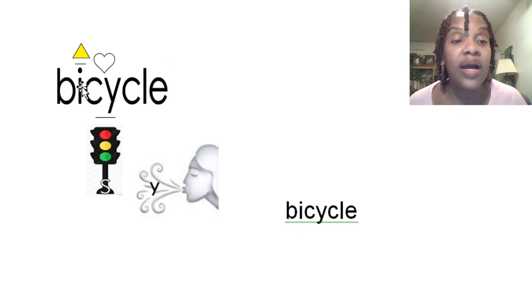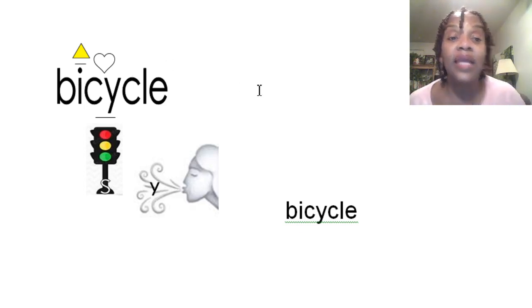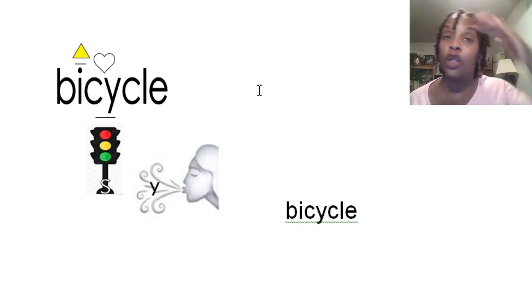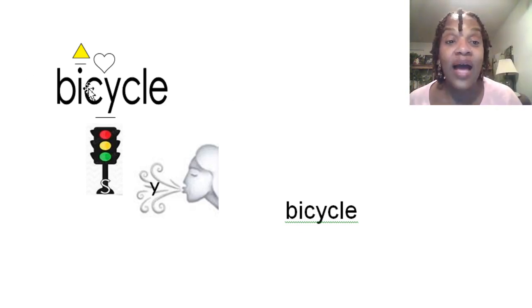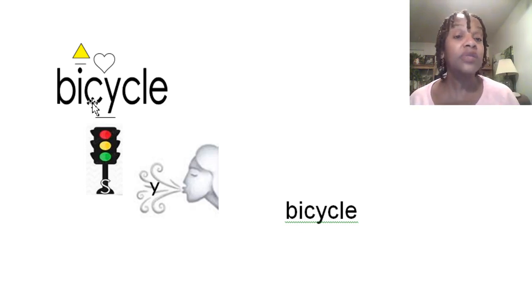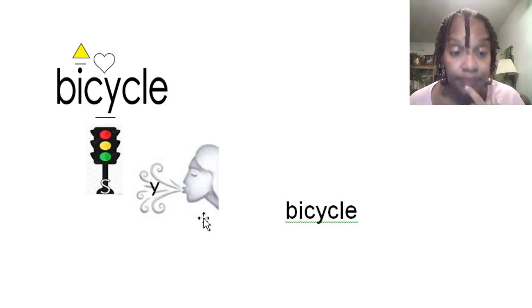So in this word, the letter I is clowning around saying I. You see a letter C. What are the three things you're supposed to automatically do when you see a C? Stop, look, listen for a sound change. You stop. You look for a signal. There's that signal Y. Remember the sound change. So that C, when you sound it out and pronounce it, is going to make the S sound. All right?